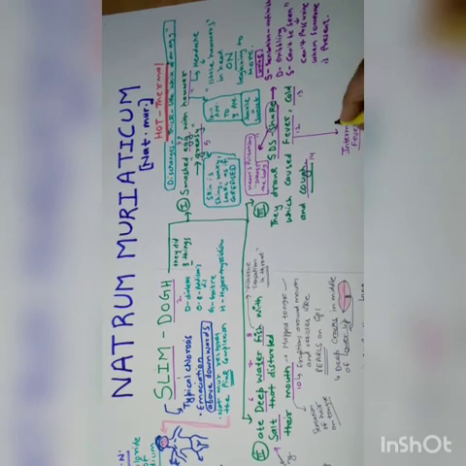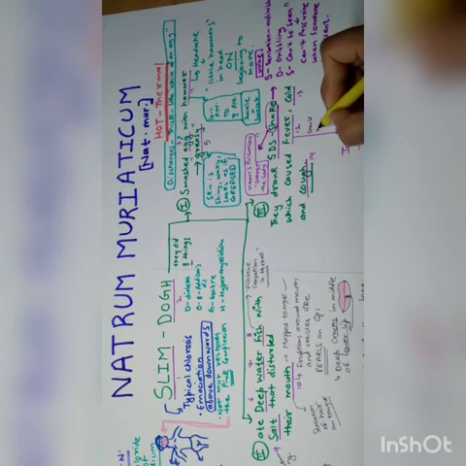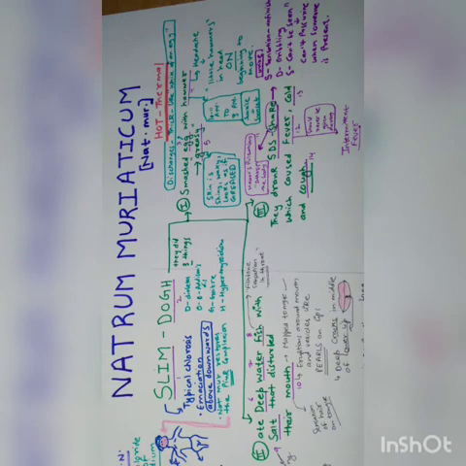Then we have which caused fever, cold and cough. There is an intermittent fever, but one thing you should remember is not to give Natrum Mur during a fever paroxysm. Never do that. And now we have a cold.